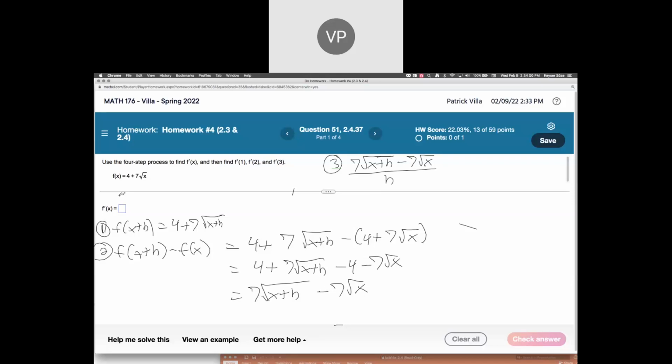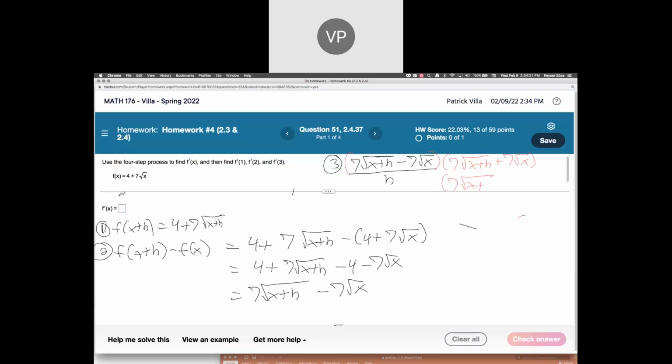But here, when you have roots, things don't cancel the same way. There is no way to get rid of this except we're going to do what we did earlier. I'm going to multiply by the conjugate of the top this time. And I'm going to do that on the top and the bottom.